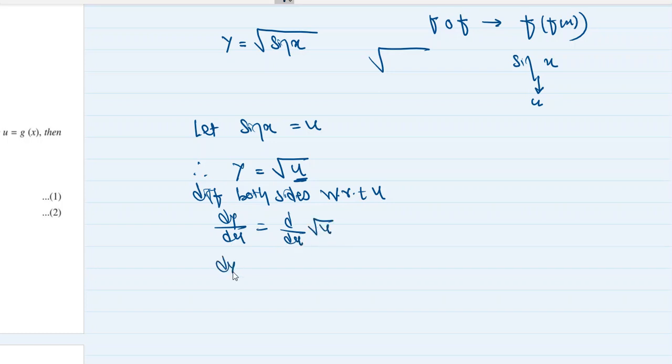So dy by du is equal to d by du of u raised to 1 by 2, that is half multiplied by u raised to 1 by 2 minus 1. The original power gets decreased, so that is half multiplied by u raised to minus 1 by 2, which is, let me write over here.